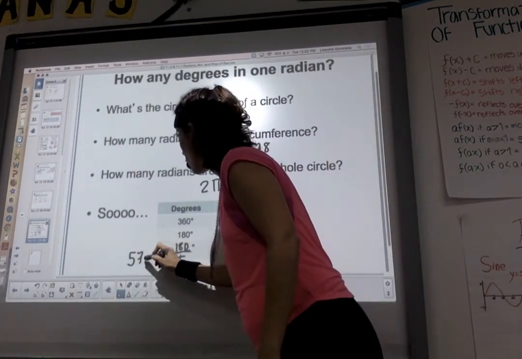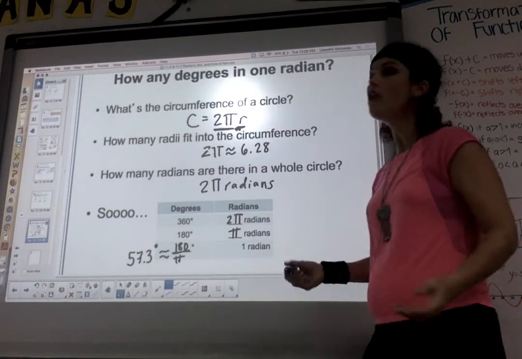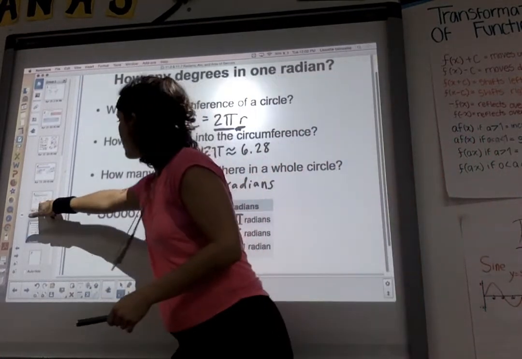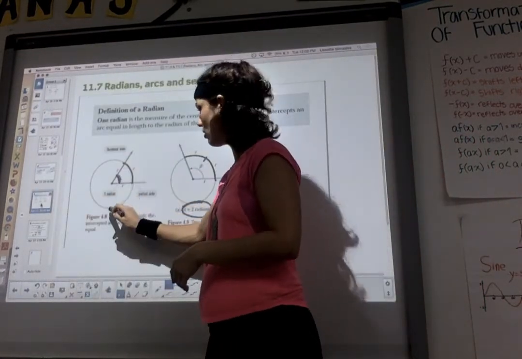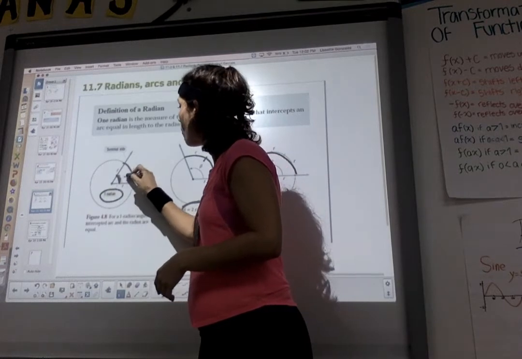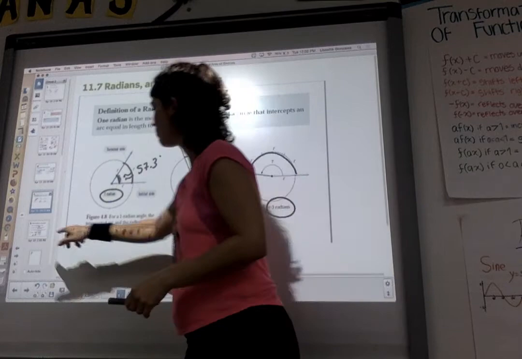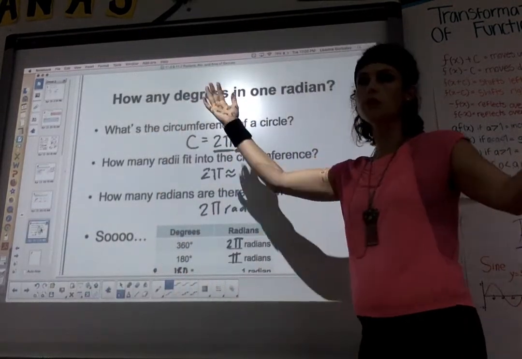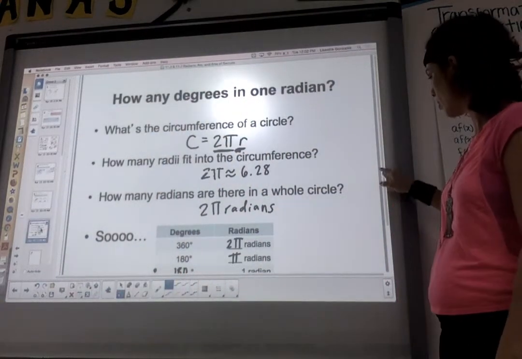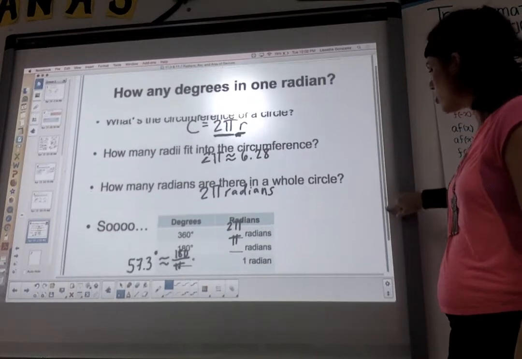So if you really want to know, this angle right here, 1 radian, is about 57.3 degrees. No matter the size of the circle, as big or as small as the circle may be.